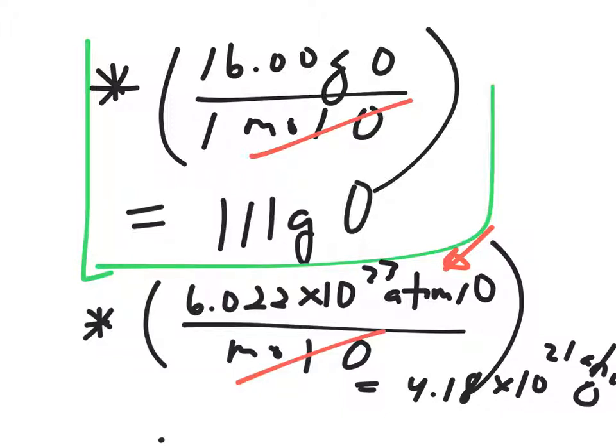So you should go through these calculations and see, for 125 mg of water, can you calculate the moles of oxygen, the grams of oxygen, and the atoms of oxygen?